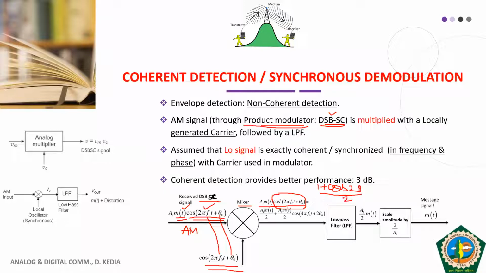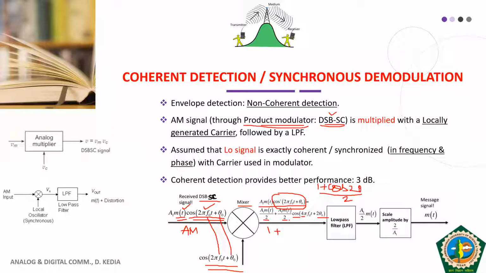So we apply this identity, and the by 2 portion comes out. So we get 1 plus cos 2 theta, where 2 times omega and 2 theta appear. By applying this identity, we get A1 m(t) by 2 plus A1 m(t) by 2 cos(4 pi f naught t plus 2 theta).